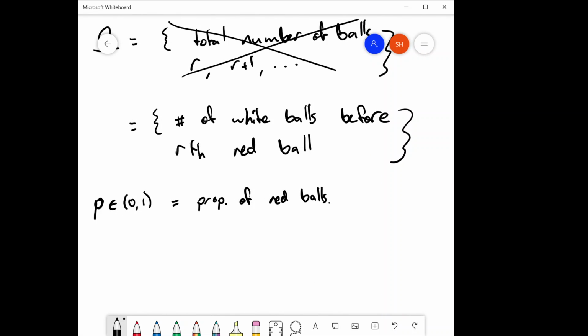Well then, what's the probability of having exactly k white balls before the rth red ball?